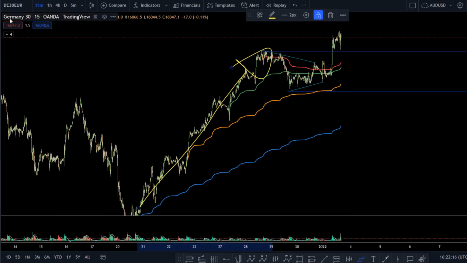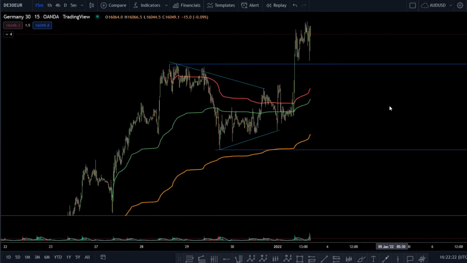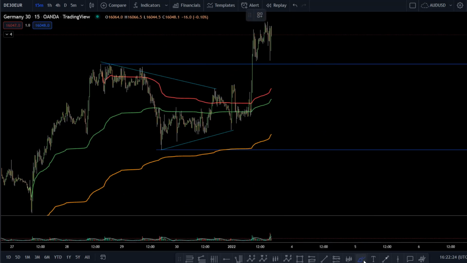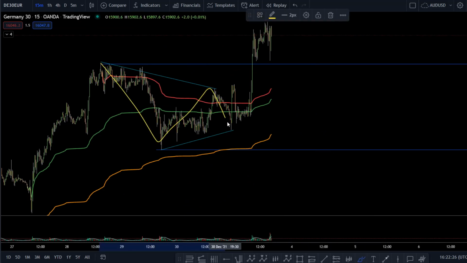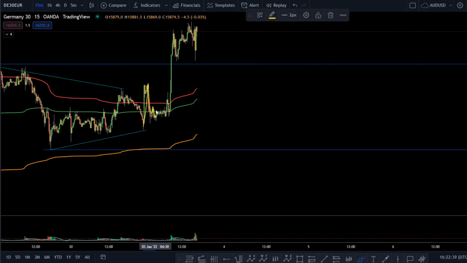We have a possible three-wave correction, a pattern that we know forms in the market over and over again, and it's in combination with this flag trend trade, right? Here where we correct.